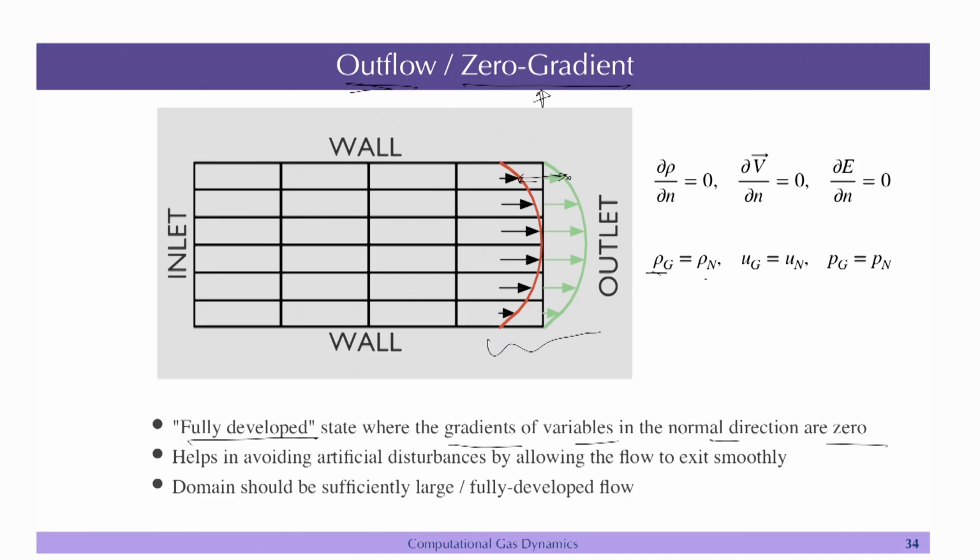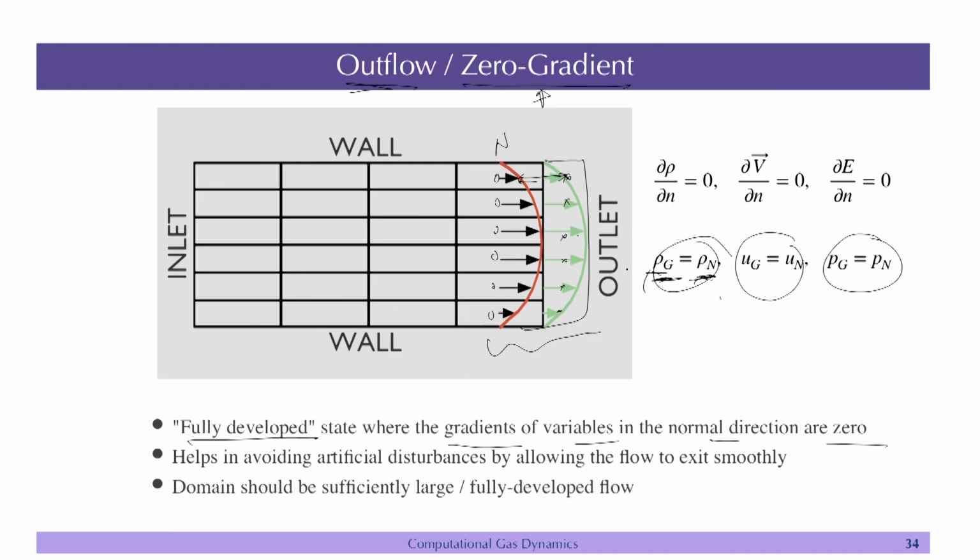This is a very simple boundary condition. When you require the ghost cell, you put the value of the first interior point. Let us say these are my ghost cells, and these are the values of my interior cells here, this is my n. So, you just copy the value: for rho, you put rho g equal to rho 1. So, there is no gradient here either in velocity or in pressure or density or any flow variable.